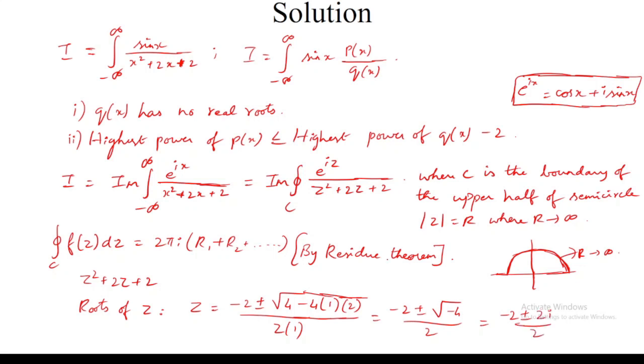On further simplification it leads to z equals minus 1 plus or minus i. So these are the roots: z1 equals minus 1 plus i and z2 equals minus 1 minus i.